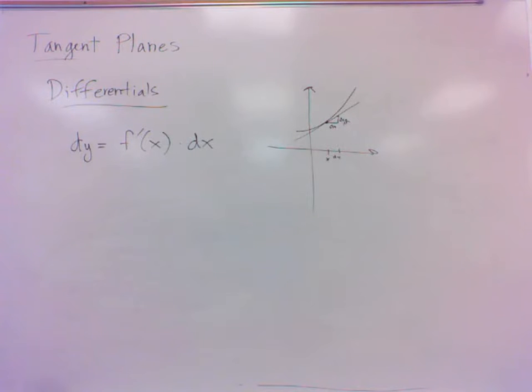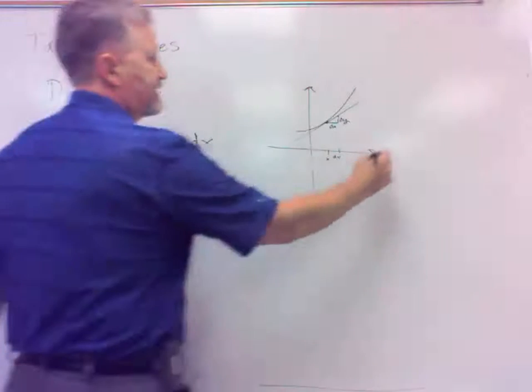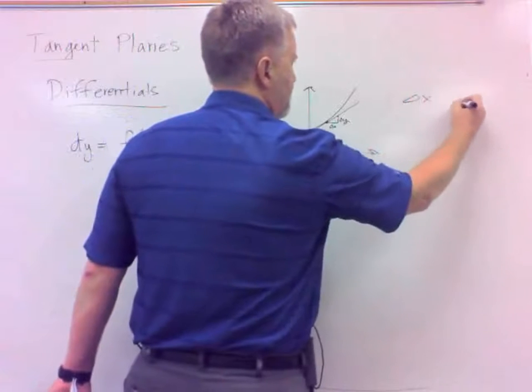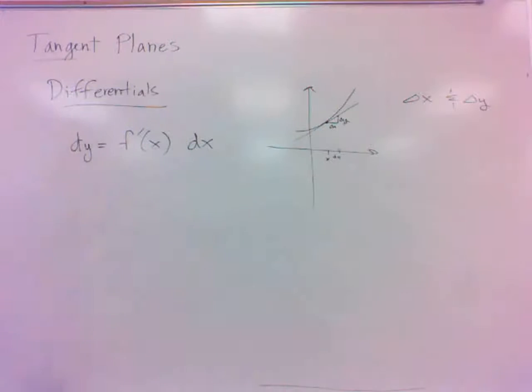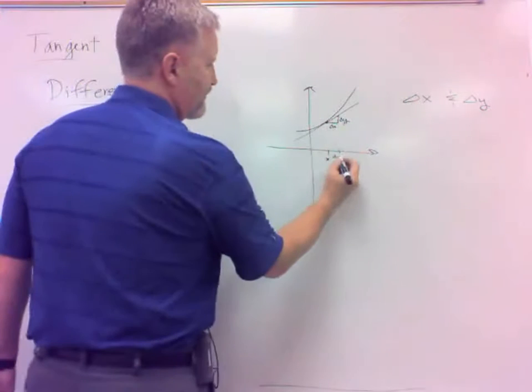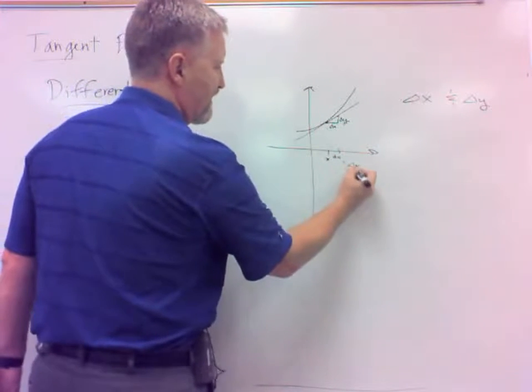And the other quantities we mentioned there are delta x and delta y, which how are those tied in? Well, delta x is a change in the x, so that's just going to be the same as dx.